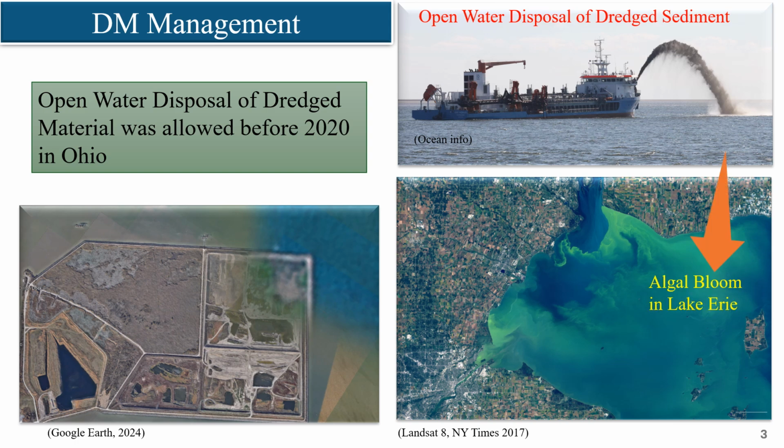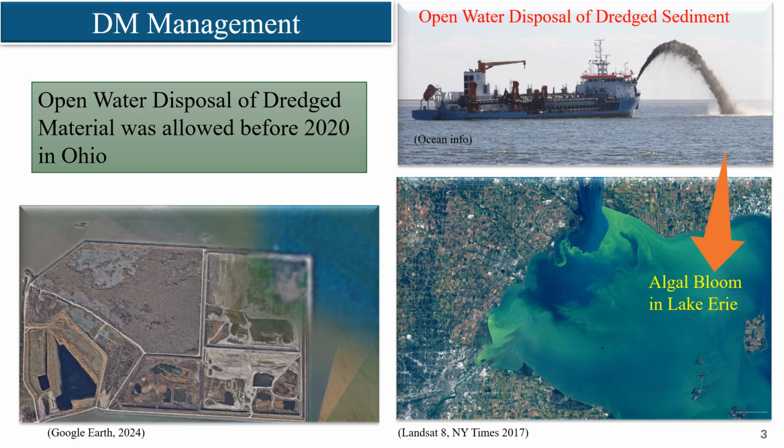However, in the Great Lakes region, water quality is one of the major environmental challenges. There is algal bloom due to the runoff of nutrients from agricultural fields to the water bodies.